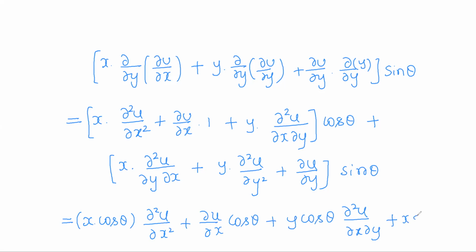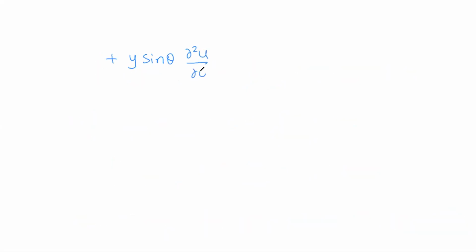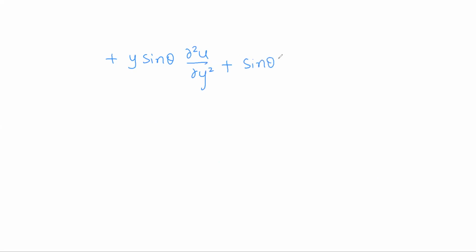So what it will be, x sine theta dou square u by dou y dou x. So next, plus y into sine theta dou square u by dou y square, and the last term sine theta into dou u by dou y.